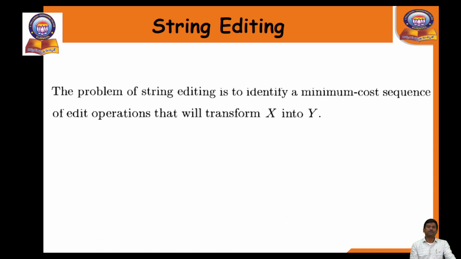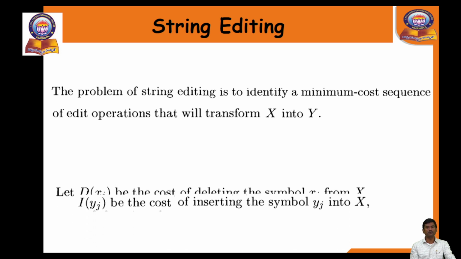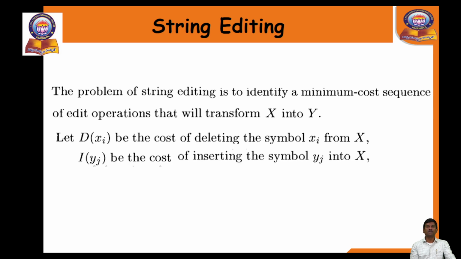The problem of string editing is to identify the minimum cost sequence of edit operations which is used to transform the given string x into y, where the edit operations are performed on the string x.